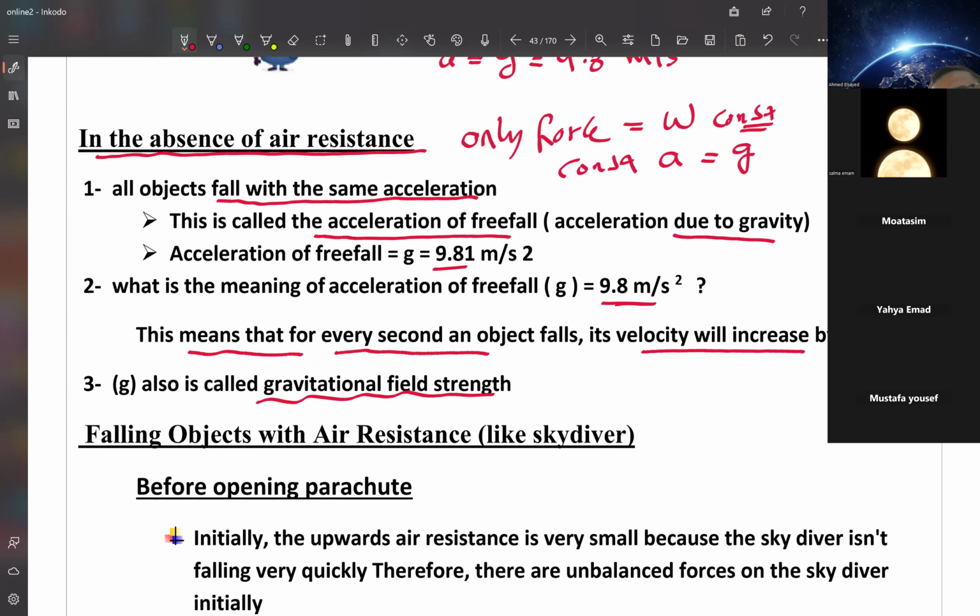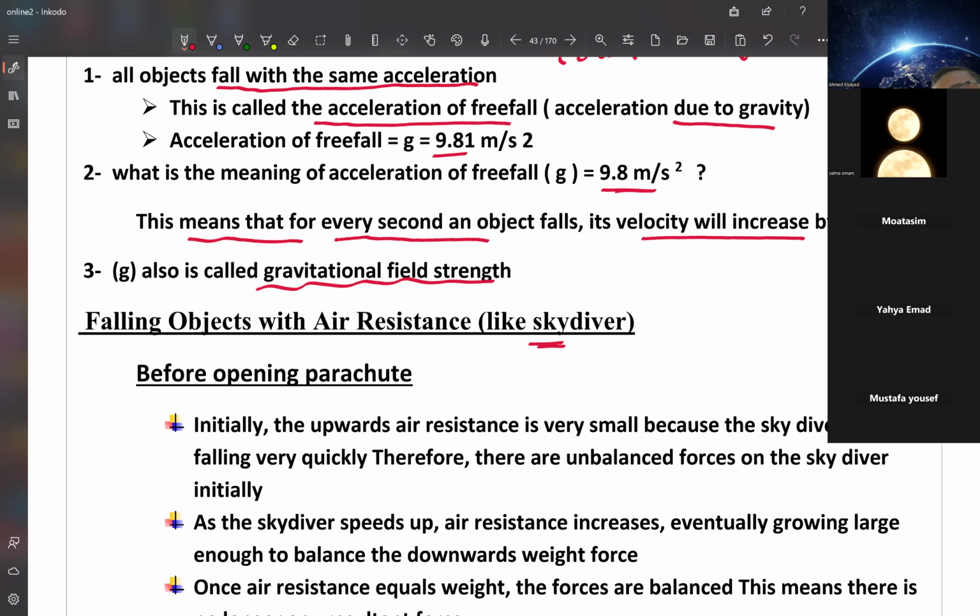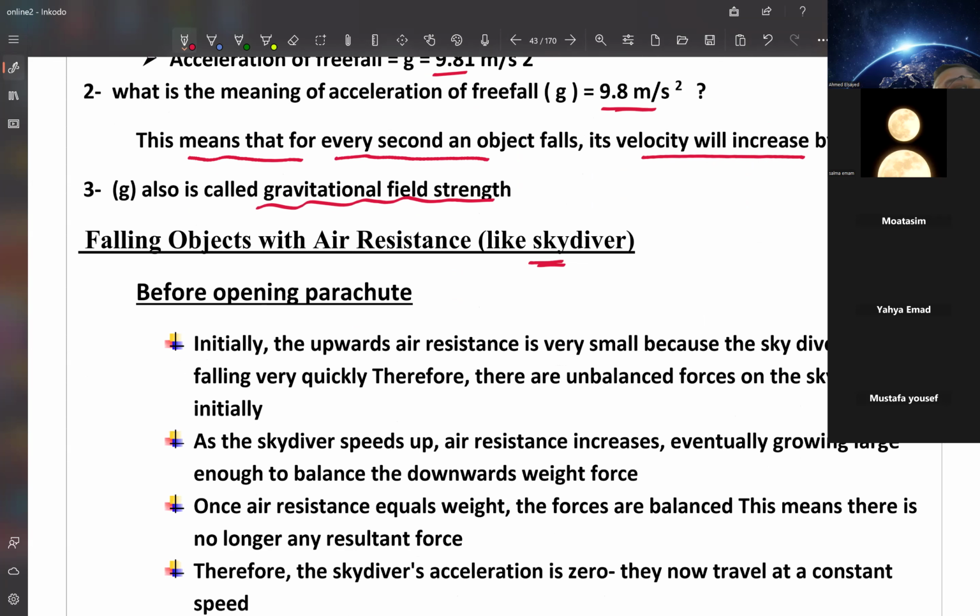Now, the next is falling objects with air resistance, like a skydiver, or a plastic ball falling in air. Initially, the upward air resistance is very small because the skydiver isn't falling very quickly. So what are the forces?